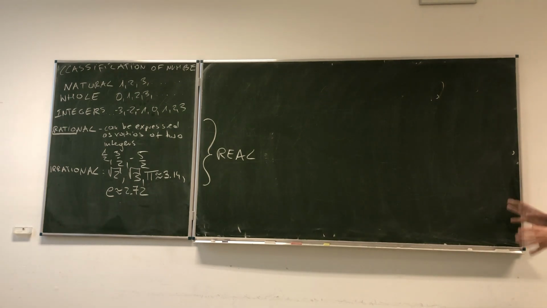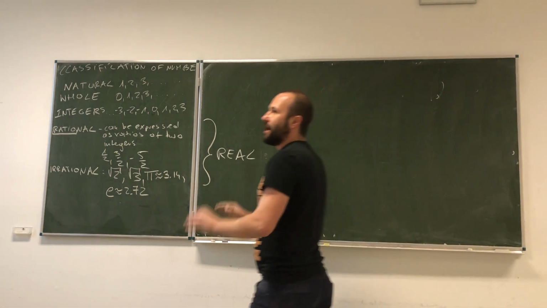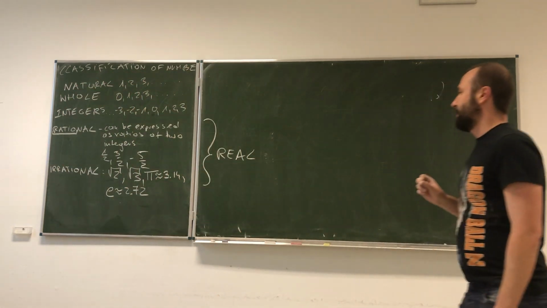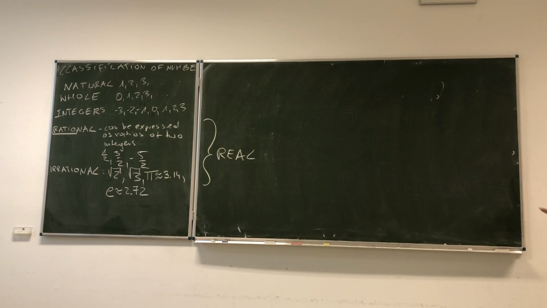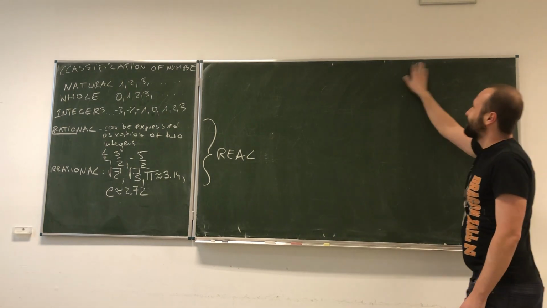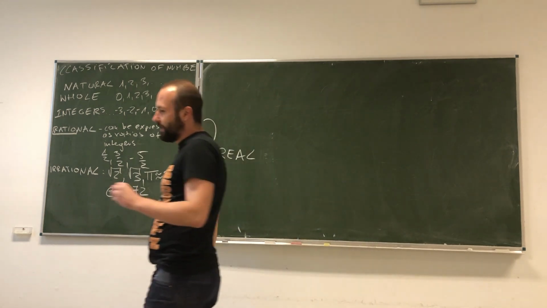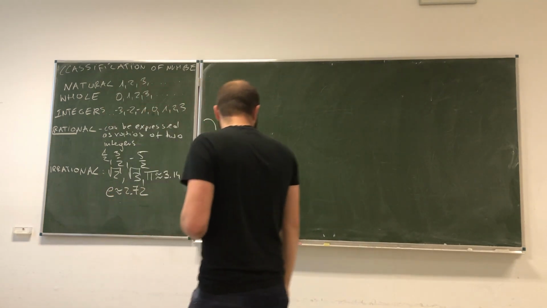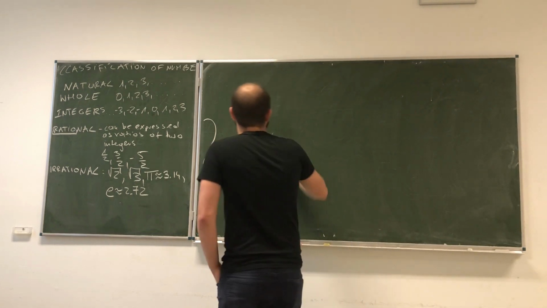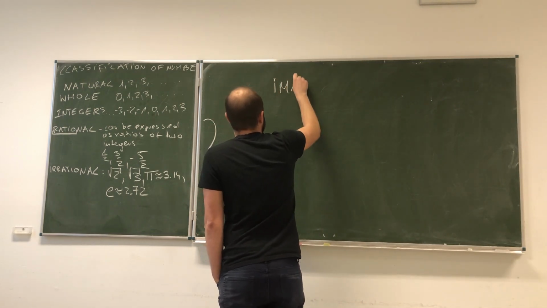Those are all the numbers that somewhere in the reality we can see. But sometimes, as it appears, we need to use some numbers that do not really exist. In this case, we are using a set of numbers called imaginary numbers.